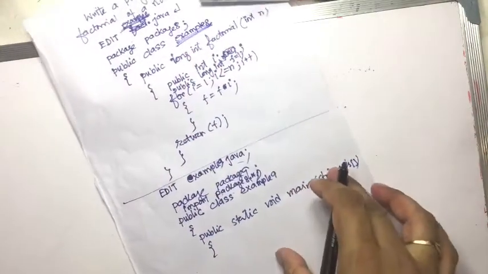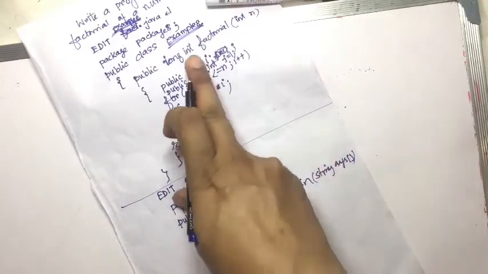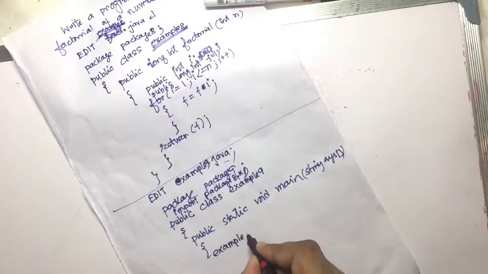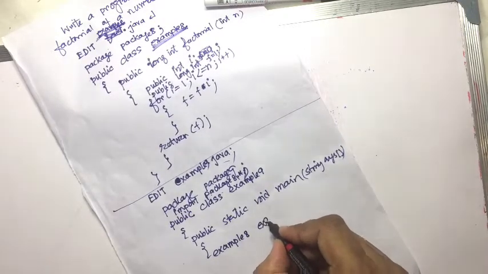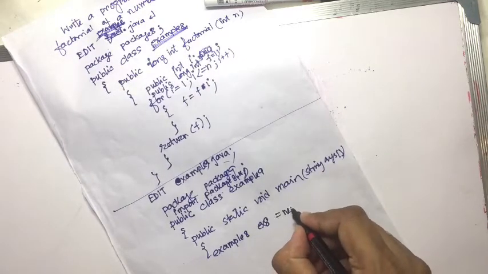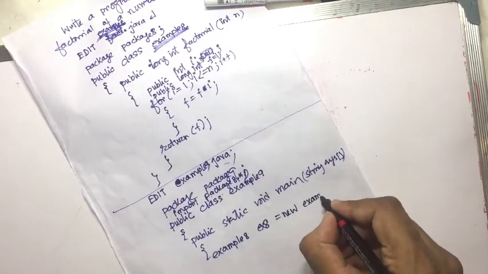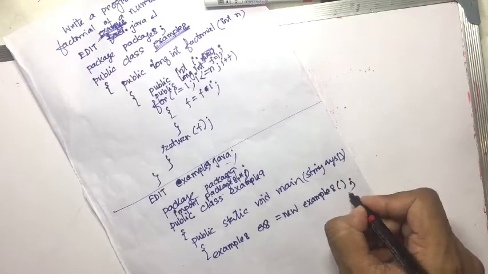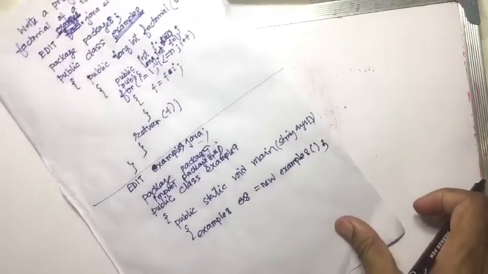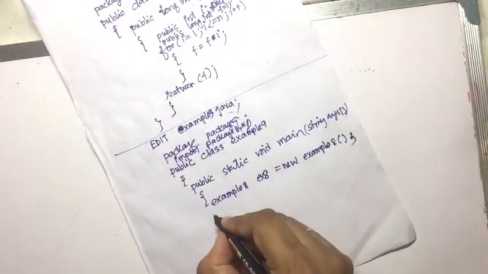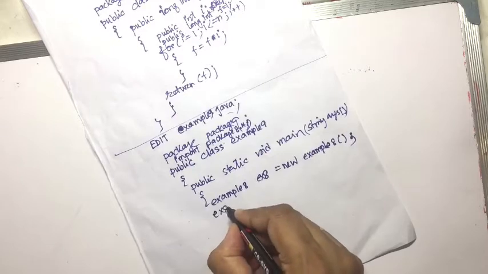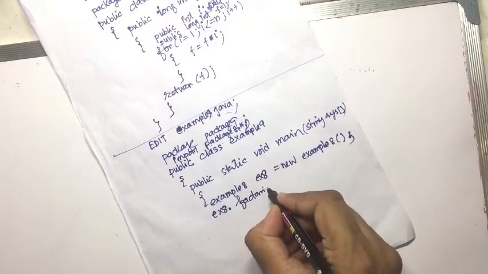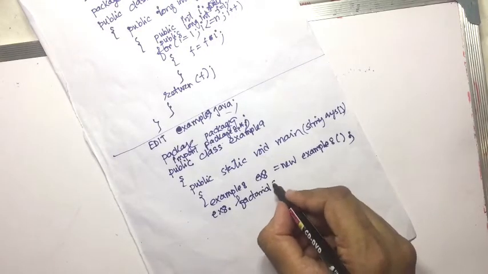Now we can create the object of example 8, suppose ex8 equal to new example 8. There is no constructor, so just example 8. Now you can call the member ex8 dot factorial, and suppose the value is 5.